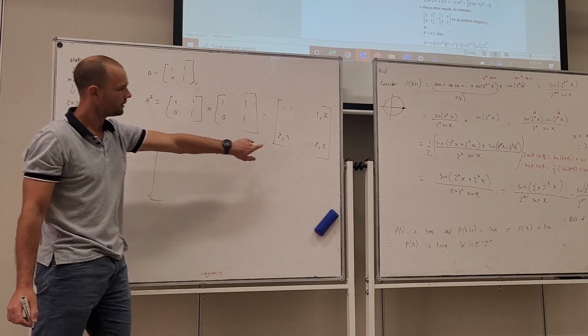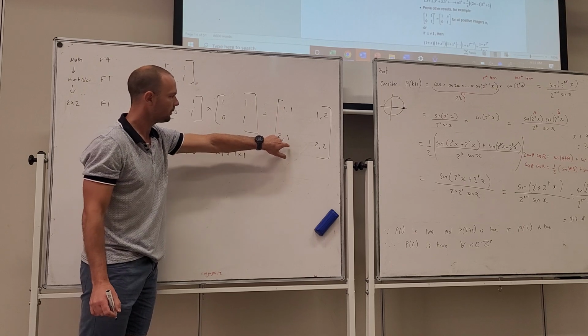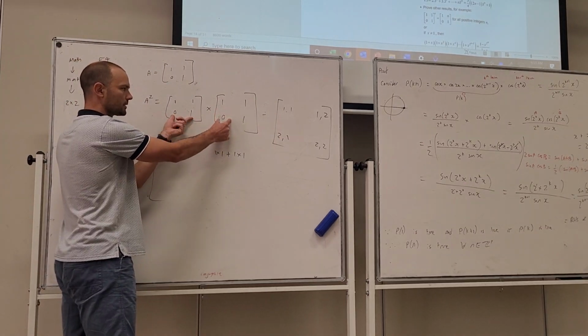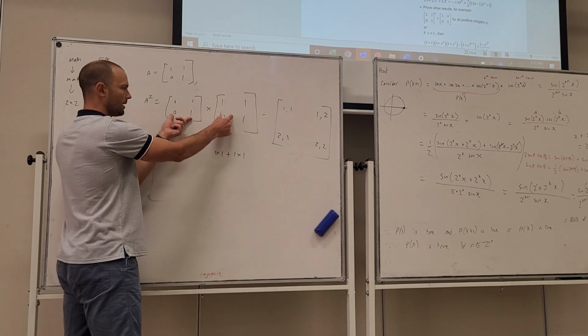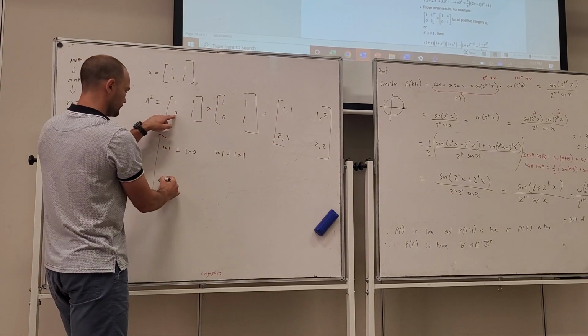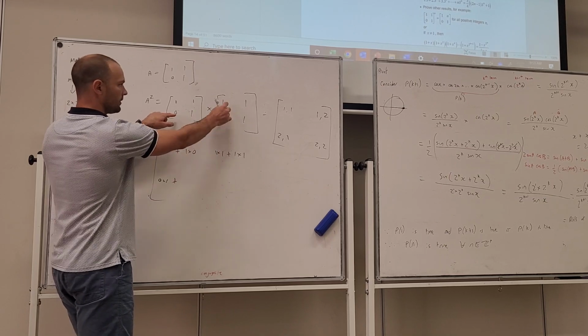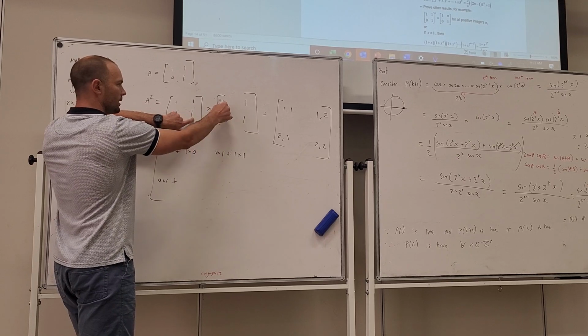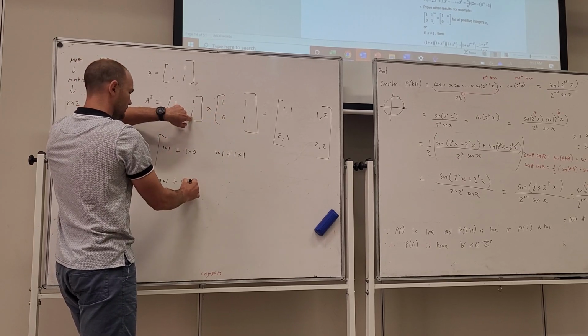Onto this cell. The second row multiplied by the first column. So we're going to have 0 times 1 plus 1 times 0.